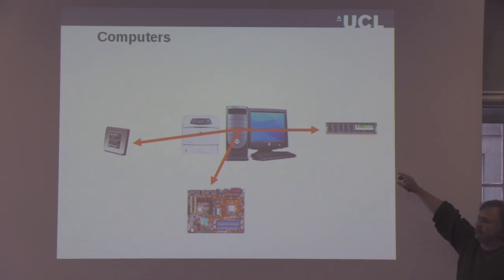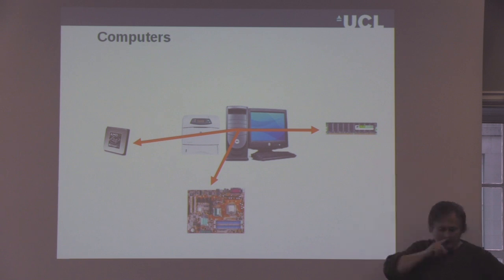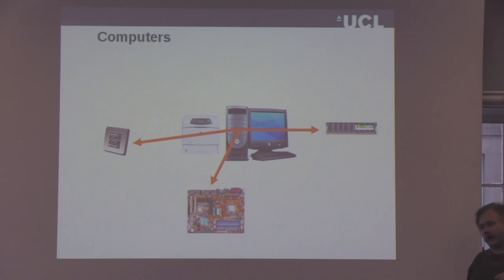You also have the memory. This is a typical sort of memory chip, which has replaced those cores. Again, we have huge amounts of memory in a computer now, typically a minimum of 2 gigabytes. The first computer that I had as a home computer had 1 kilobyte of memory, which was shared between writing the program and the screen.